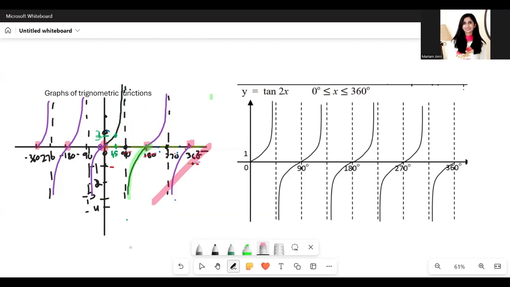So earlier, this curve was from 0 to 90. But now this curve is going to be from 0 to 45 because we have stretched the graph parallel to the x-axis with scale factor half. And earlier the asymptote was at 90, but now it's going to be at half of 90, that is 45.